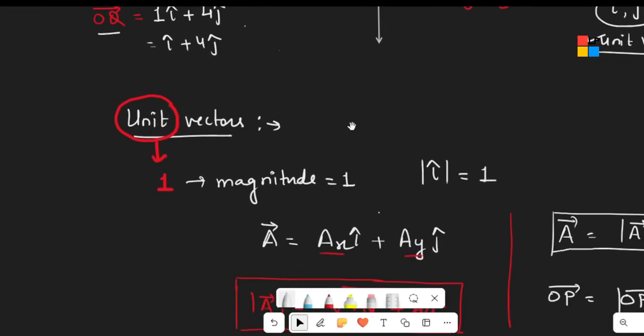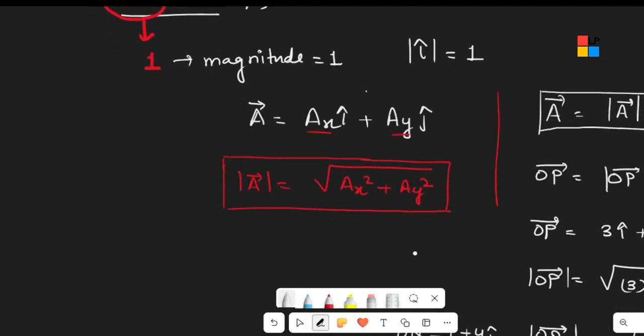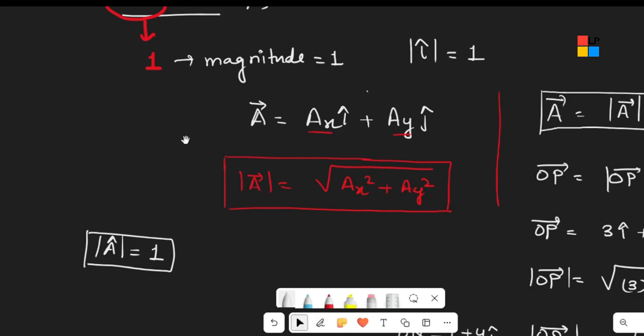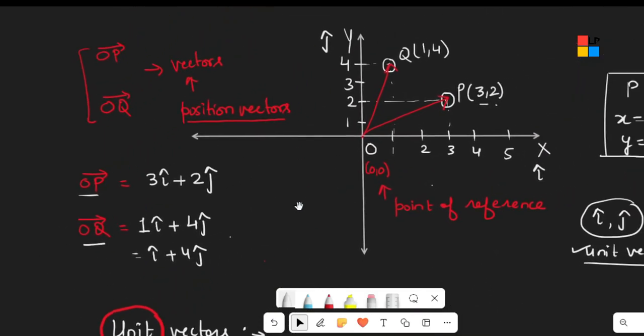Now come back to the unit vector itself. If I need to find the unit vector of a, the magnitude is 1, we know that. The purpose of a unit vector is not to find the magnitude but to give direction. So what will be the direction of the OP vector here?